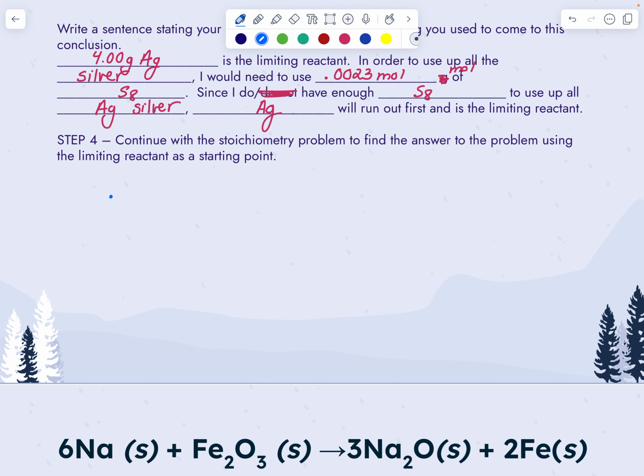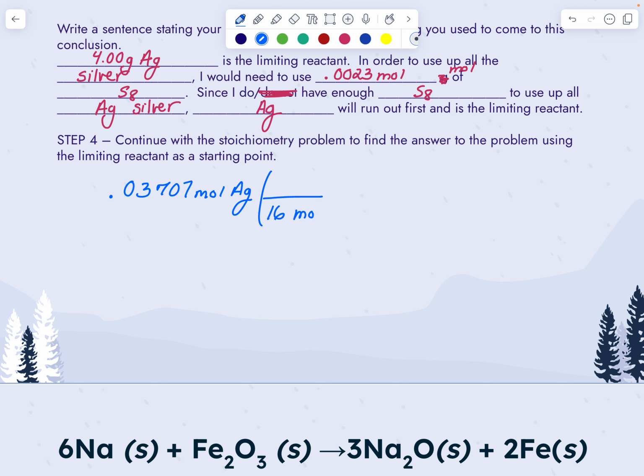So the second part is really quick. I figured out silver was the limiting reactant. I started this problem with 0.03707 moles of silver, right? The question was asking about the Ag2S.